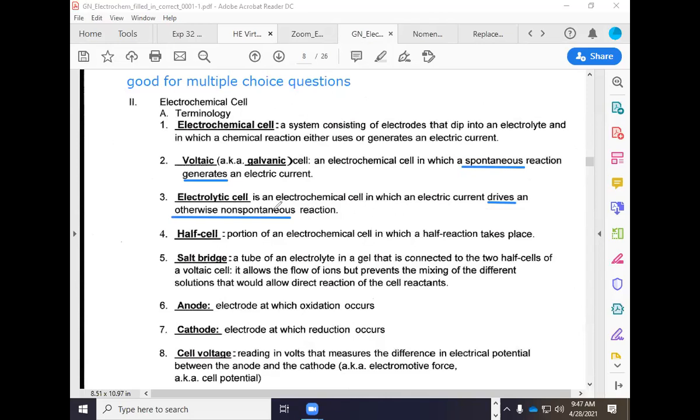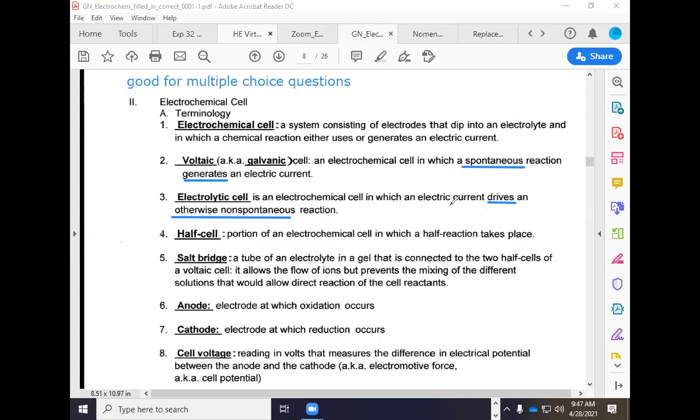So you look at the difference in the definition. Right now, just familiarize yourself with the terms and see the difference in the definitions. In the electrolytic cell, you're using an electric current. So you have a source of electricity to force a reaction to occur. The electricity is a form of energy.